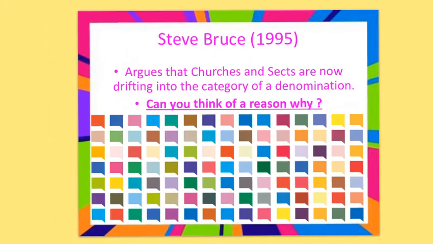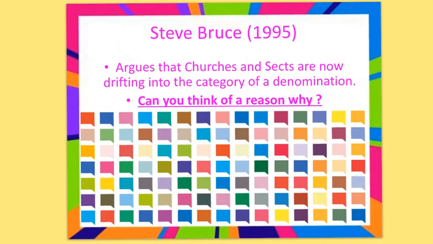Steve Bruce argues that churches and sects are now drifting into the category of denomination, purely because churches are becoming much more secularized, drifting away from the state. Meanwhile, sects are becoming a lot less deviant, so becoming more accepted as a result. So they are drifting towards that more denomination point of view.